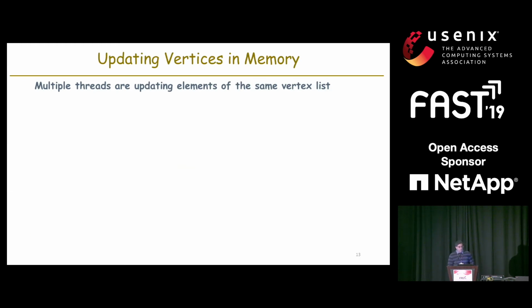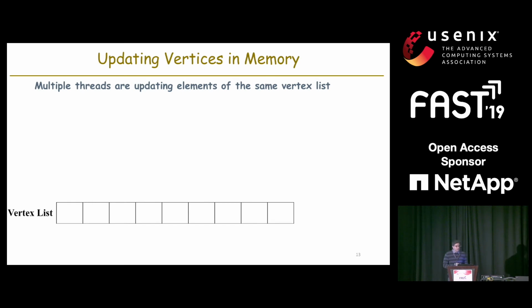In this step we have a vertex list which is associated with the destination vertices of a partition, and we have multiple threads updating the elements of the same list. So you can imagine that high overhead can occur because of the synchronization needed in the updates.